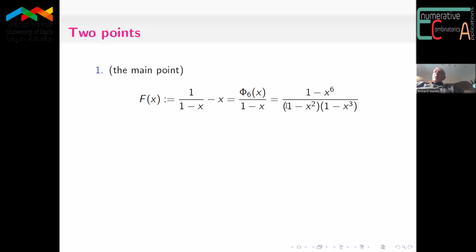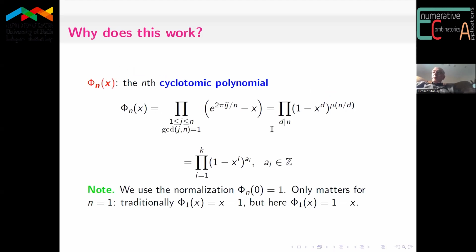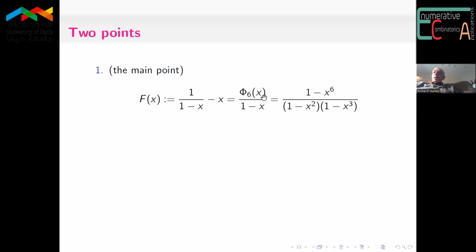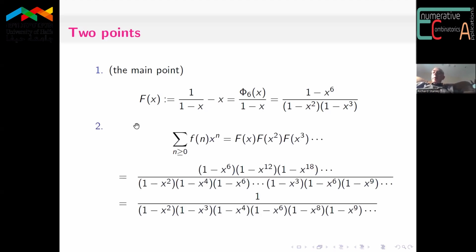And that meant, since the cyclotomic polynomial can be written in the form product of 1 minus x to the i to the a_i, we can write this expression in this form, and it turned out to be this. So when we take the product of f of x to the i over all i to get our generating function, we're going to get a nice product expansion.